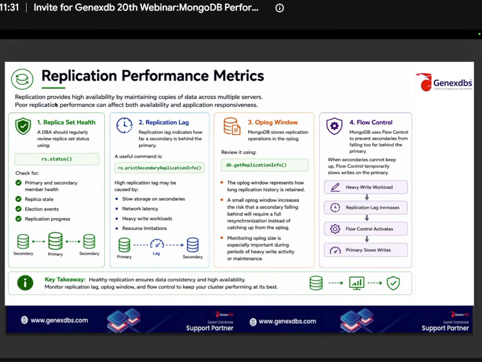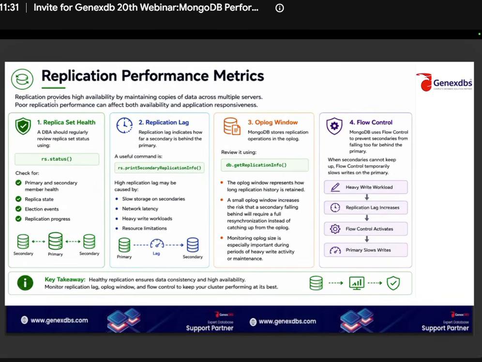A small oplog window increases the risk that a secondary server falling behind the primary will require full resynchronization instead of catching up from the oplog. So monitoring oplog size is very important during heavy write workloads or maintenance.